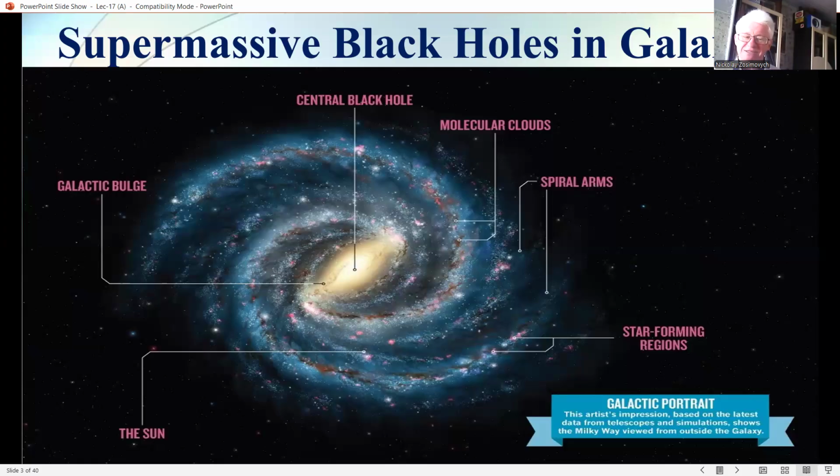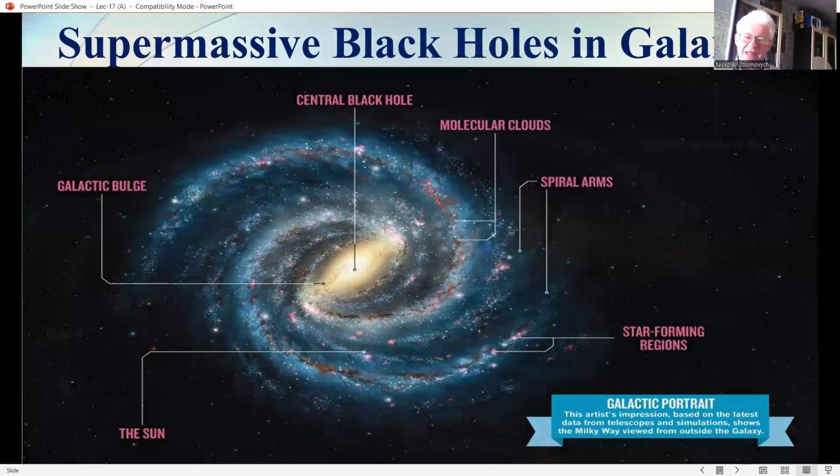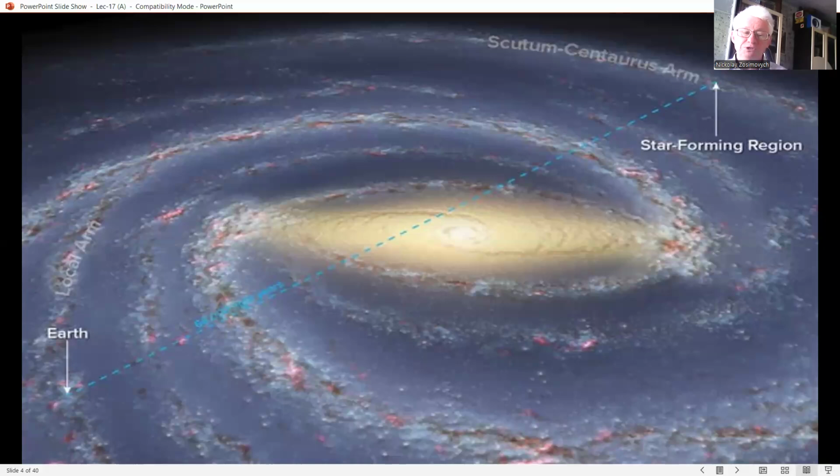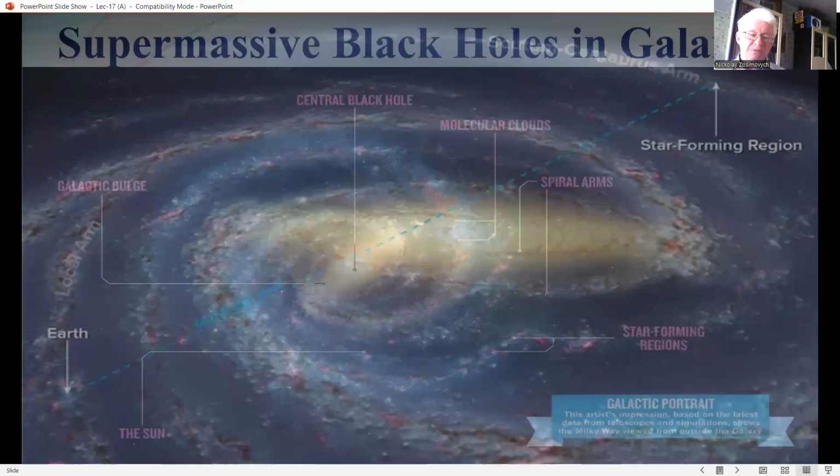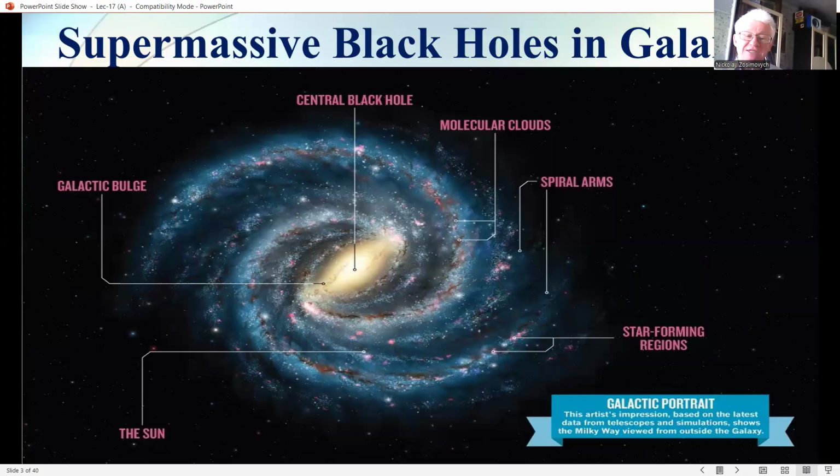Imagine this mass, this value. Yet no objects are visible, suggesting that the nuclei of galaxies contain supermassive black holes.